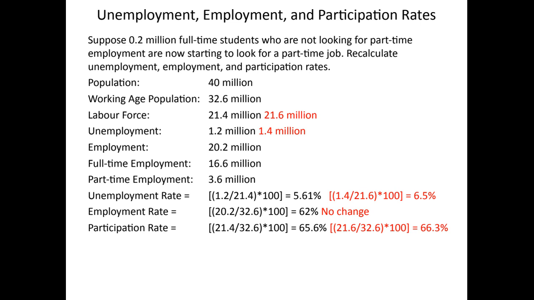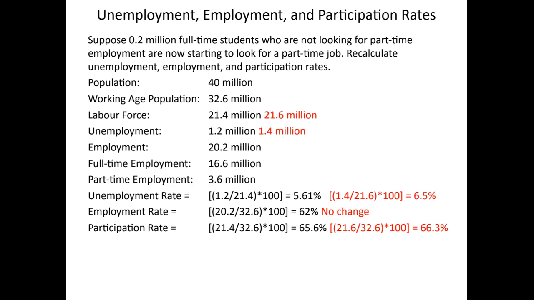So we still have a total population of 40 million, working age population 32.6 million, but now we have a labor force of 21.6 million instead of 21.4 million. And in the question, I told you that these full-time students are now actively looking for employment. It means they are unemployed. That is why they are looking for employment.